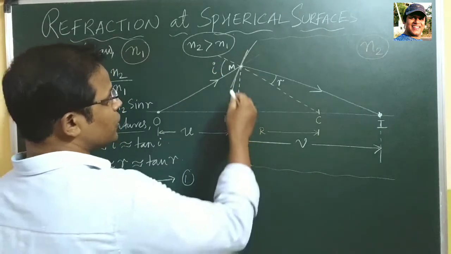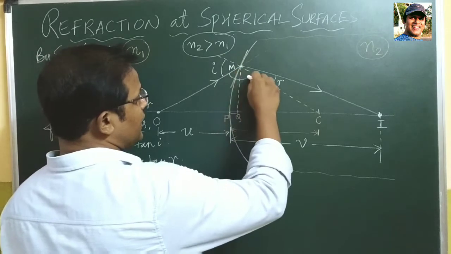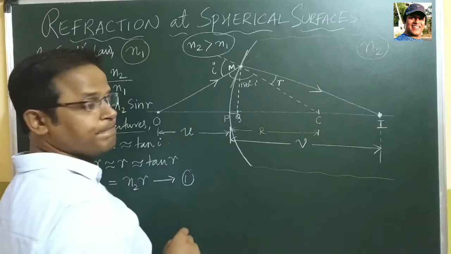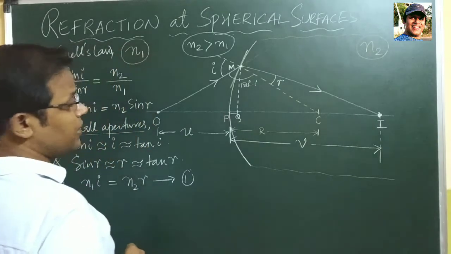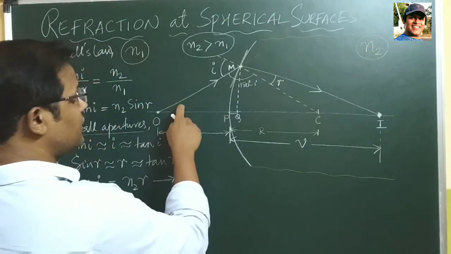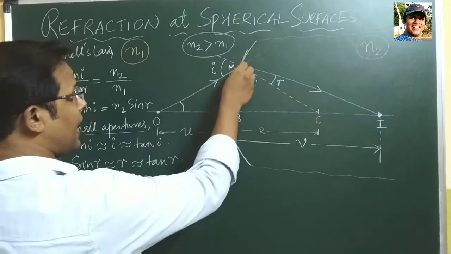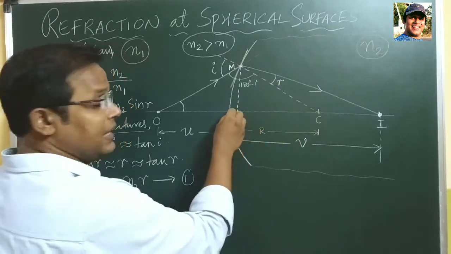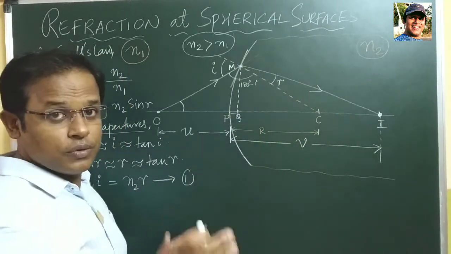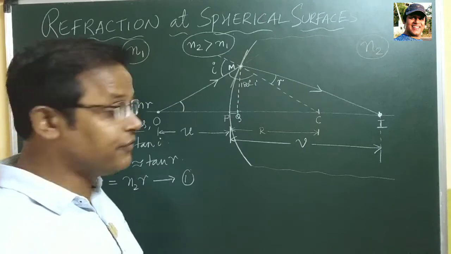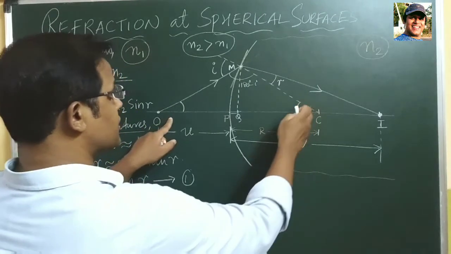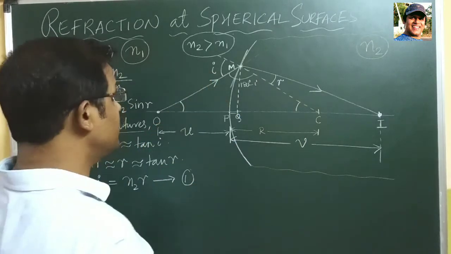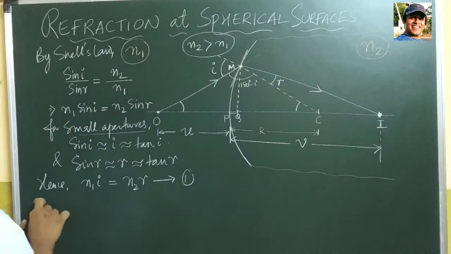Am I clear? So it means that this remaining angle is 180 degrees minus I. Good. So it also means from geometry, this angle, that is angle MOP plus angle MCP, or you can call it even Q, both will not mean anything different. The sum of these two angles should be equal to I. Am I clear?